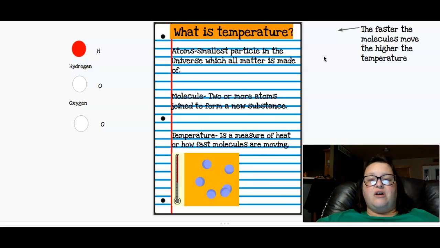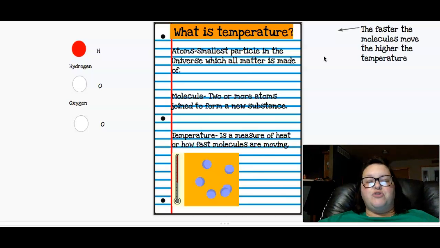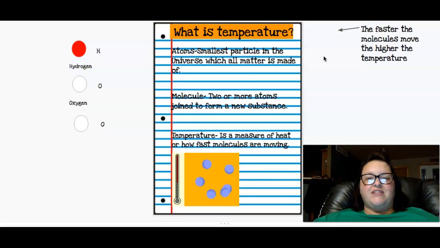If you are experts in the kitchen, if you like to cook, you know that you need heat, which is an increased temperature, to cook your food. You don't want to eat raw meat because it can harm you. So when we cook, especially meat products, we want to make sure the temperature is high enough to kill all the bacteria or little things living in the meat that we don't want to eat. So temperature applies to us in many different situations.